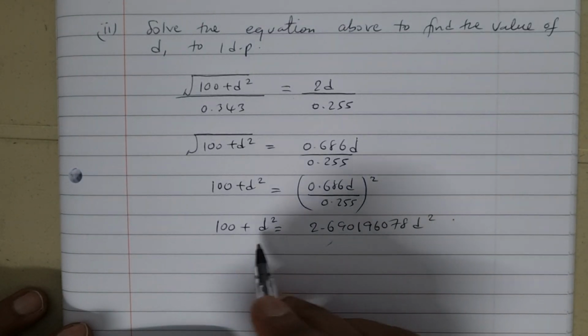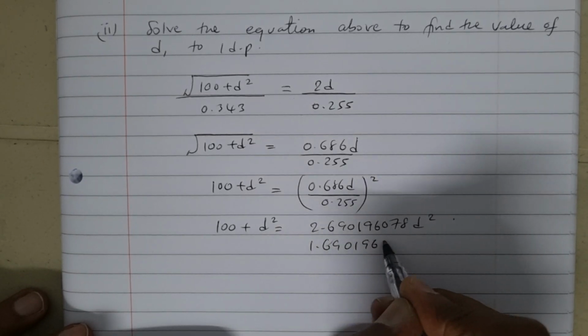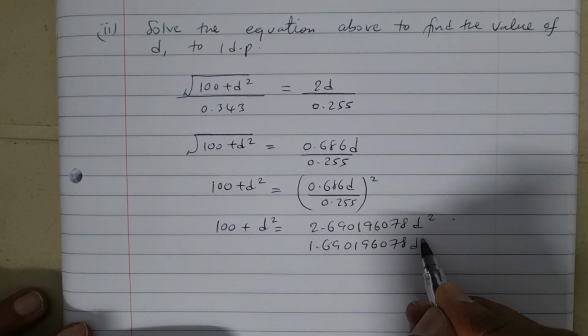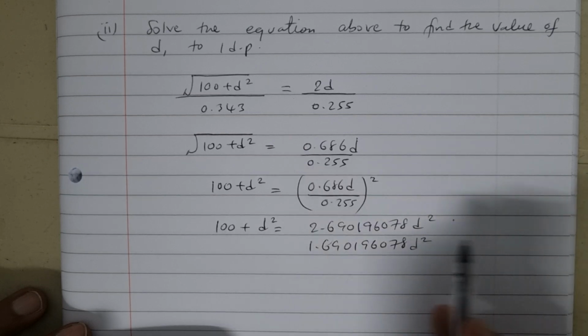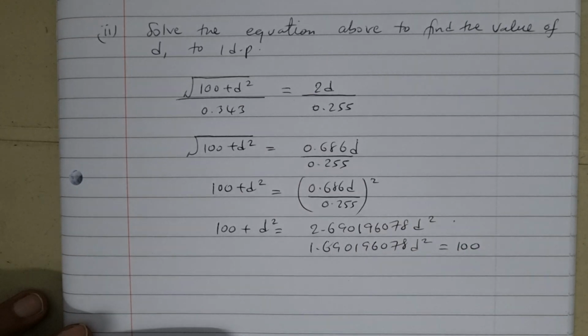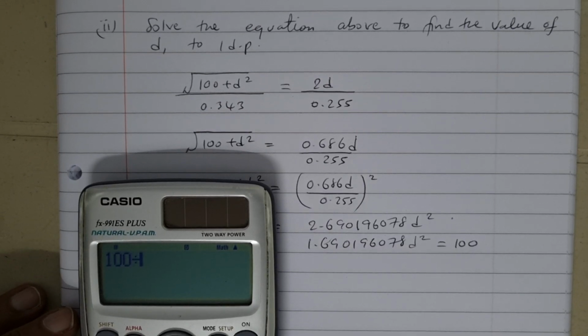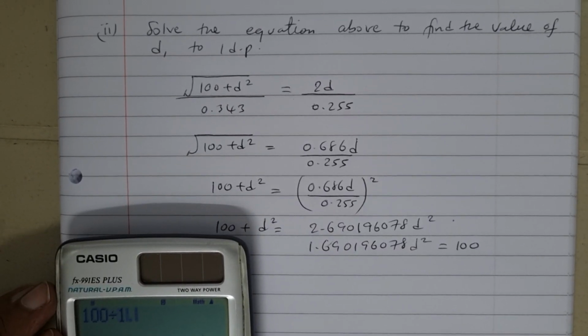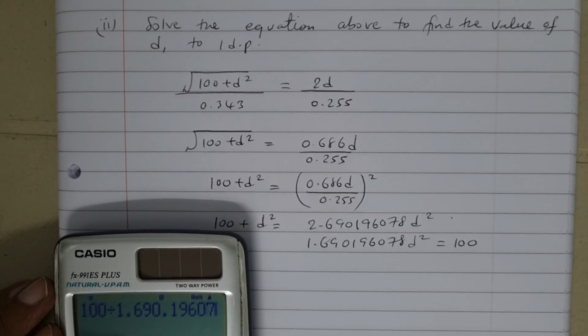This can come to this side, and you get 1.690196078 d squared, because the d squared can come over, minus 1 d squared, and all of that is equal to 100. So 100 divided by this.